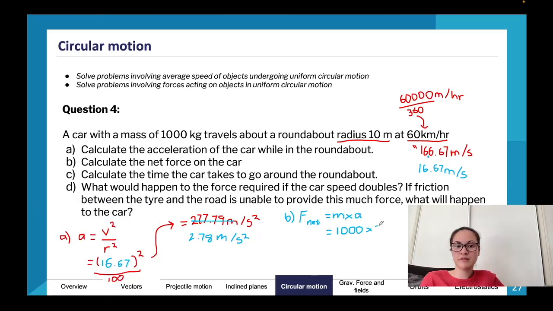So this is going to be 78. Okay. So that's going to be 277, and I also just kept that number from earlier in my calculator. So it's going to be 2778.89. That's our force.